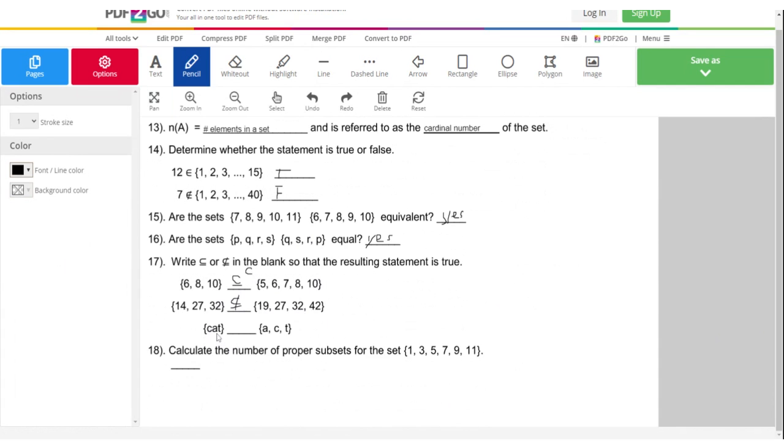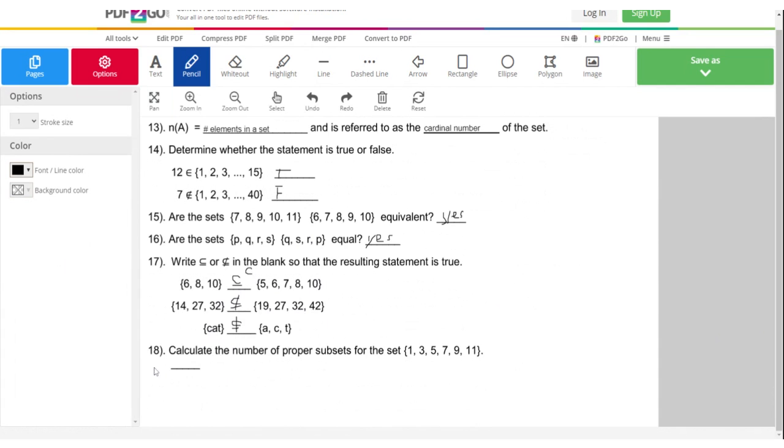That's only one element in there, because elements are separated by a comma. So there's just one element in there. This one's got 3, so this is not a subset.